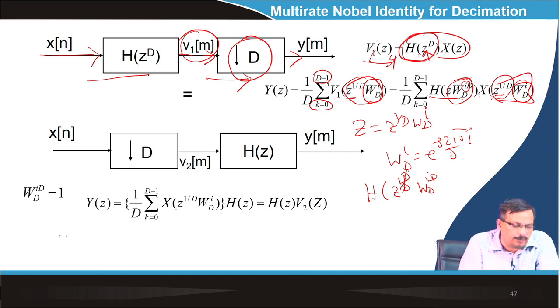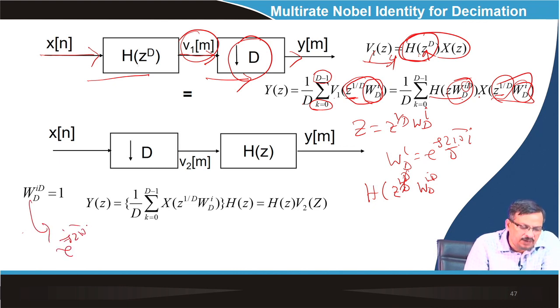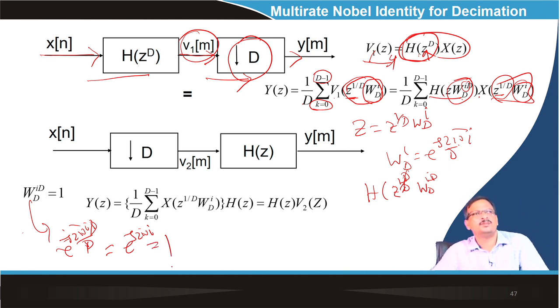Now, what is W_d^(i d)? It is nothing but e to the power j 2 pi i d divided by d. The d cancels, so it is e to the power j 2 pi i, where i is an integer. So it is cos 2 pi plus j sin 2 pi.